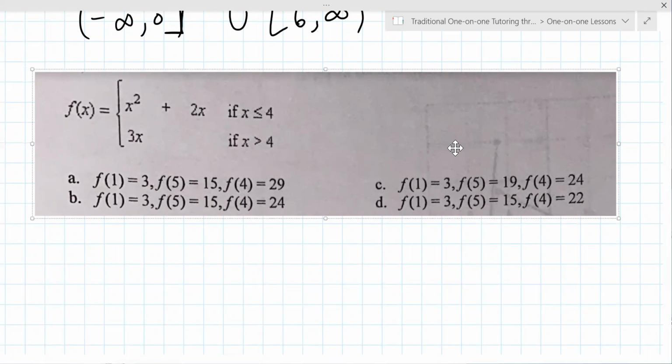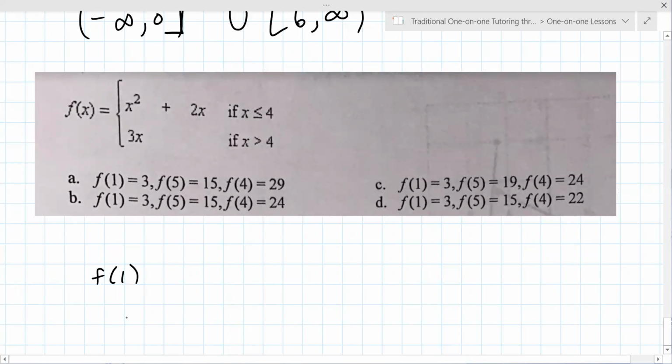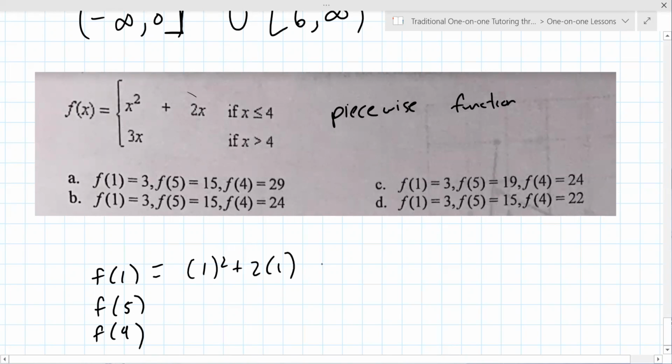So this one asks you to find f of 1, and then f of 5, and then f of 4. So with a piecewise function like this, you ask yourself, is 1 less than or equal to 4? And it is. So since 1 is less than or equal to 4, you're going to use this over here on the left. You're going to use 1 squared plus 2 times 1, which is 3.